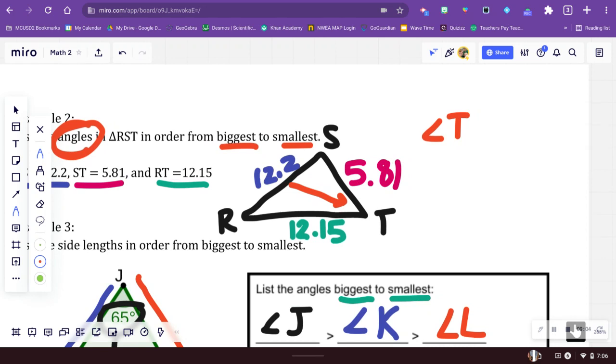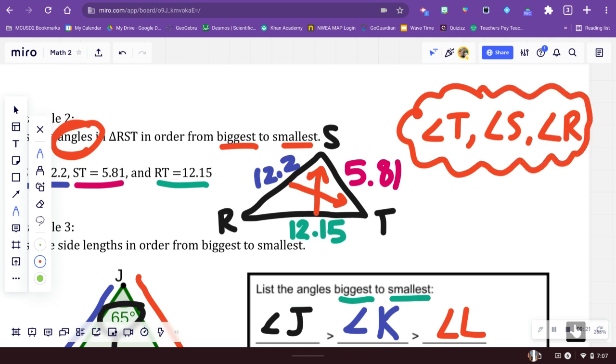And then the middle side is 12.15, so angle S. And then lastly would be angle R. So final answer, you're just ordering it from biggest to smallest. So T, comma S, comma R.